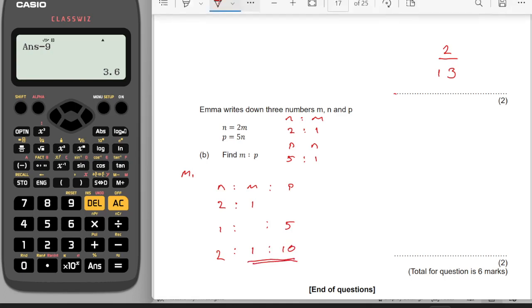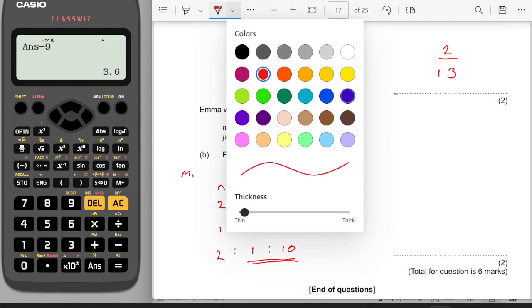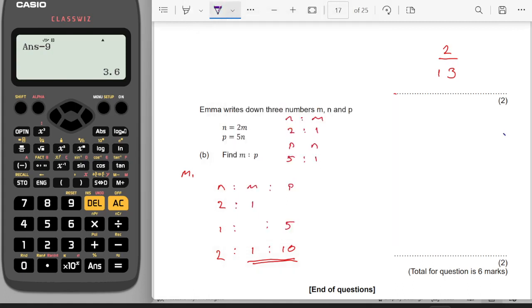That's the first method, and I'm going to check it with the second method. So if I'm told that N is equal to 2M and P is equal to 5N, then I can say that if I times this by 5, both sides, 5N is equal to 10M.